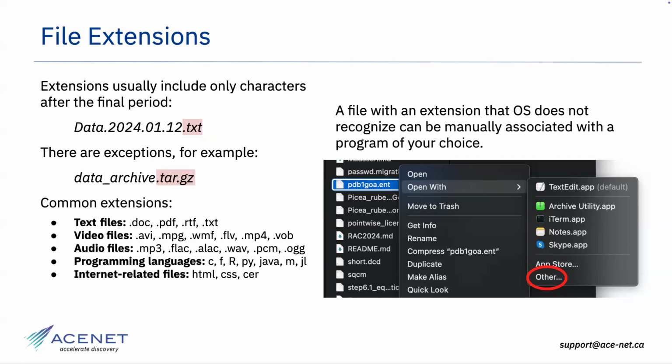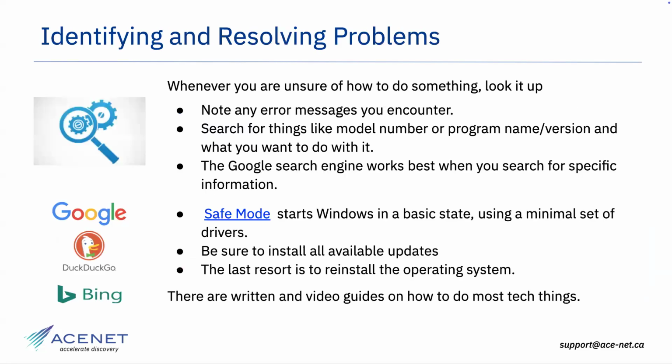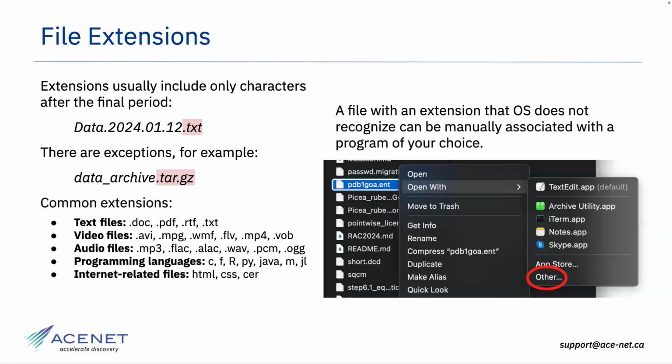If you have a file with an extension that is not recognized by the operating system, you can manually associate it with a program. For example, if you have a file with some nonstandard extension such as .ent, you can click on it, then click open with.